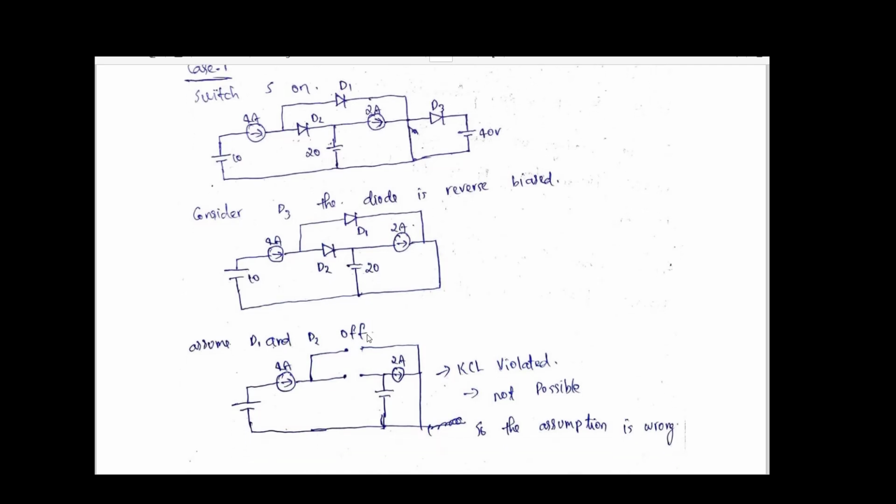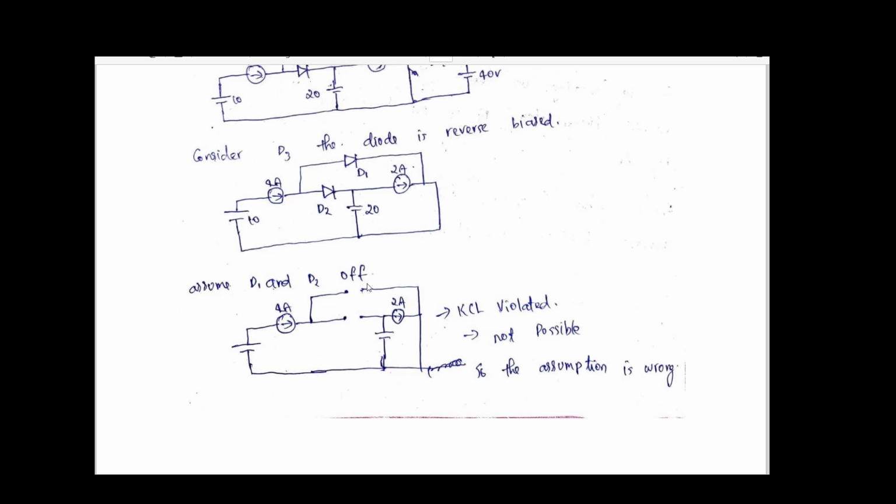So we can simplify the circuit like this, and here we are going for our assumption. The first assumption that I am considering is that D1 and D2 both are off, because we don't know which is off and which is on. So in this case, the circuit will be like this. If you check the circuit, we can see KCL is violated.